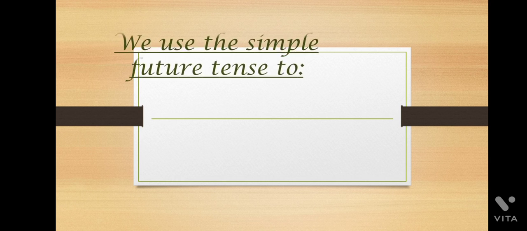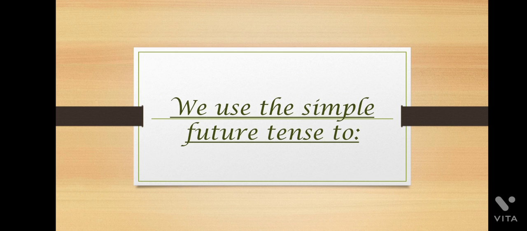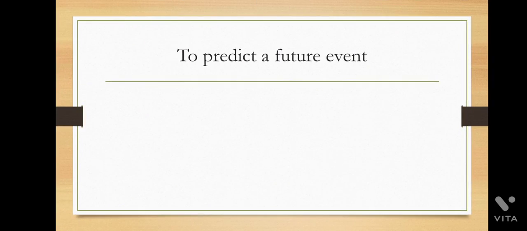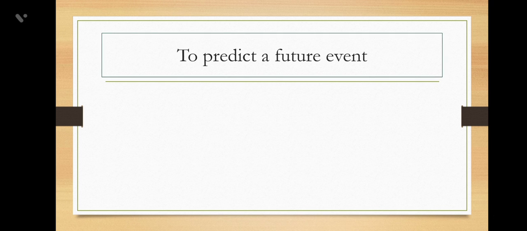So when are we going to use the simple future tense? We use the simple future tense to predict a future event. When we are predicting a future event, that means आने वाले कल का अनुमान लगाना, to predict, the prediction.